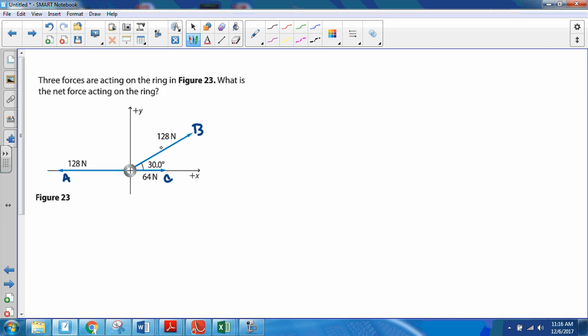Just like on the last test, we're going to get AX and AY, BX and BY, CX and CY. Then after I have all of this, I'm going to calculate Rx, then Ry, then R, and then beta.